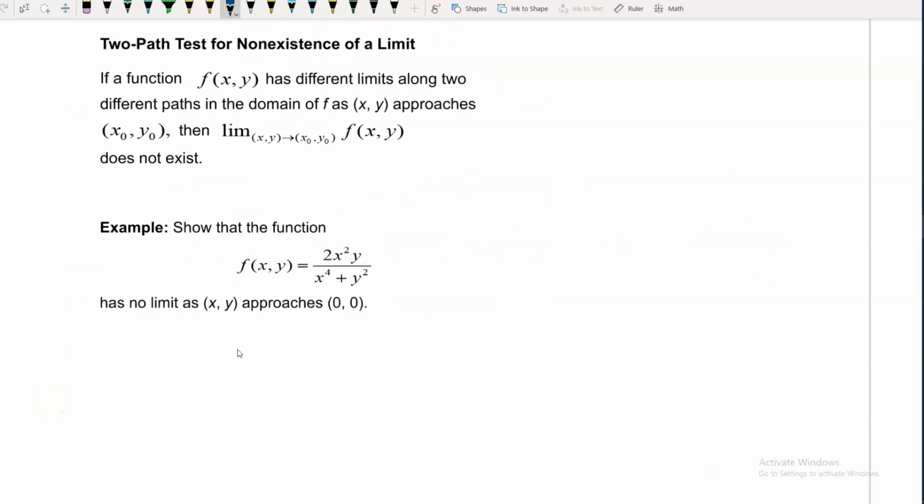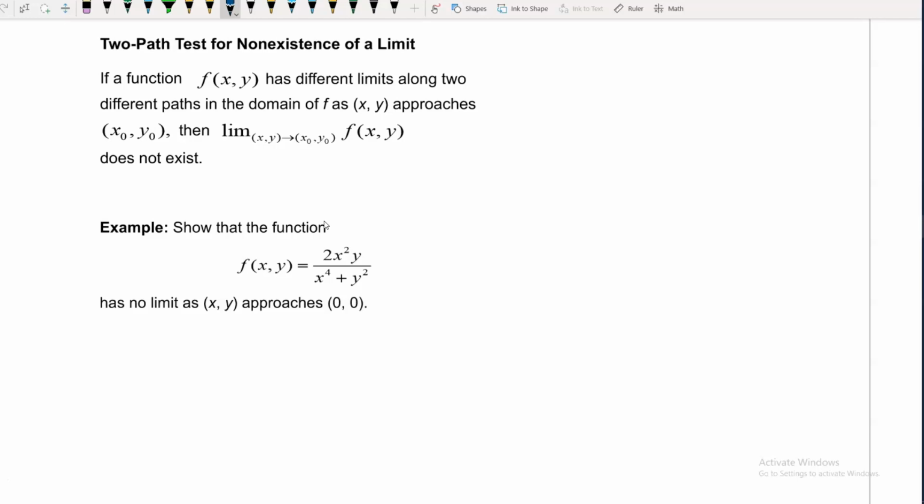Two-path test for non-existence of a limit: if a function f of x, y has different limits along different paths in the domain of f as x, y approaches x0, y0, then the limit as x, y approaches x0, y0 of f of x, y does not exist.